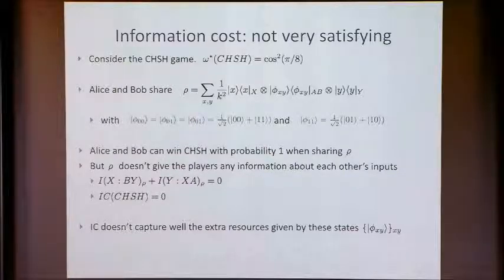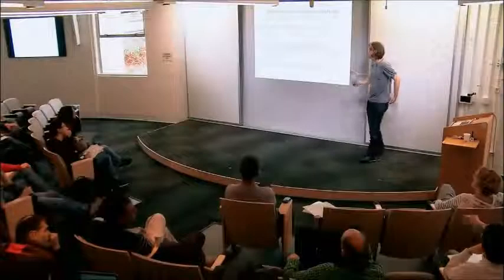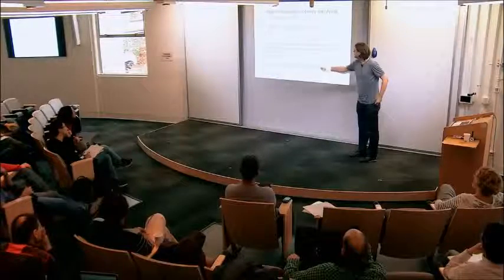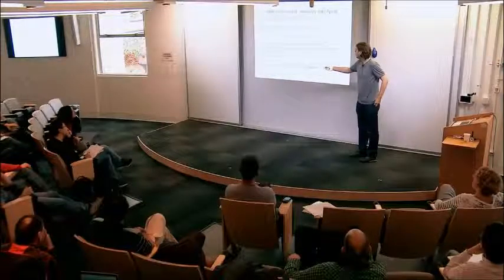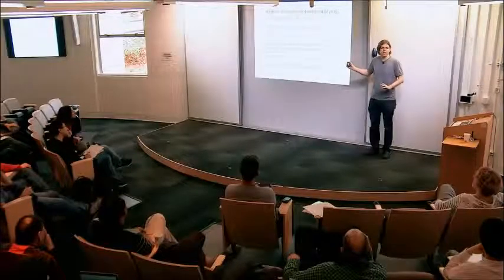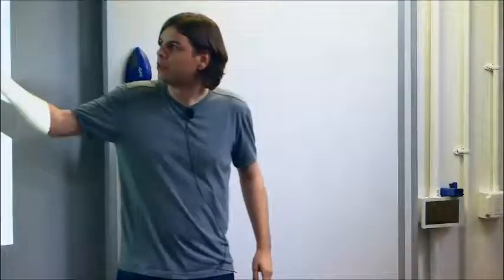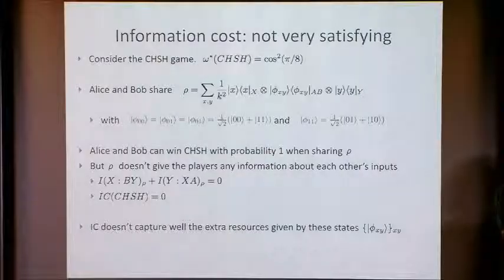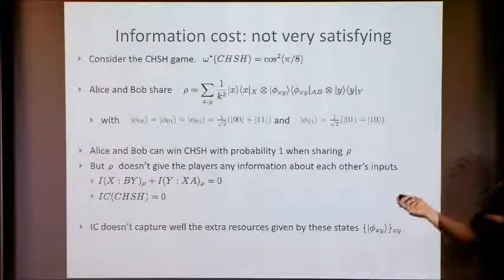Yes? Have you considered conditioning on A and conditioning on B, in your mutual information expression? If you condition on A for the first term and condition on B for the second term? It would still be 0. Usually what you would do is the opposite: here you would condition on Y. You would like to know the extra information given by the state, apart from their input.